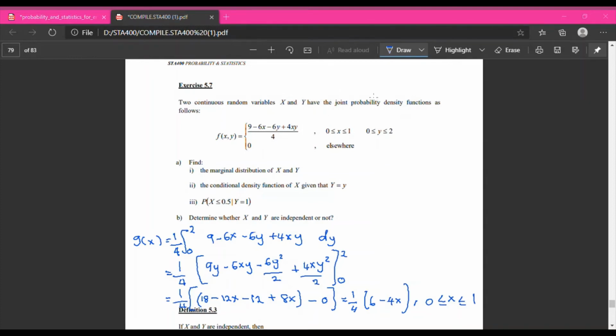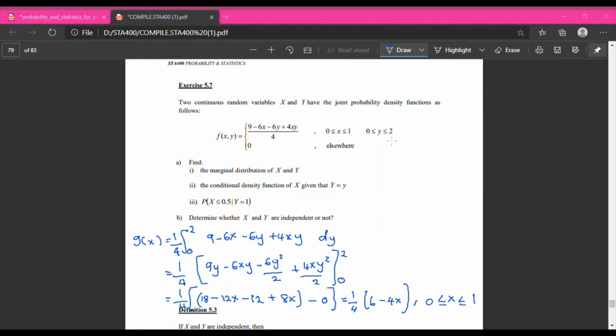So it will be f xy divided by the marginal distribution for y. So it will be 9 minus 6x minus 6y plus 4xy, which is the joint function f xy, divided by the marginal function for y.